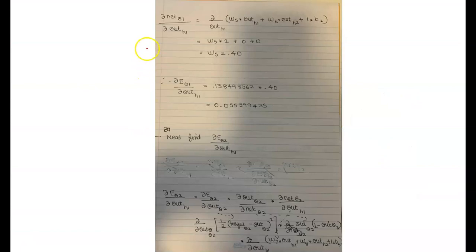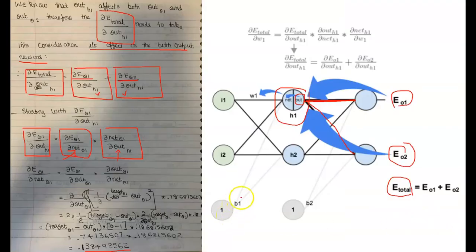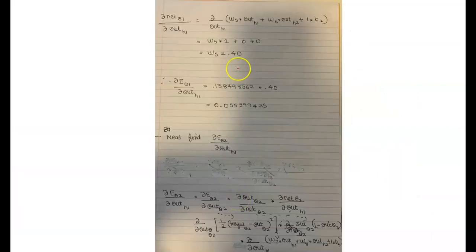So in the previous slide, in order to complete this component, I also need to find dou net O1 by dou out H1. So we will go ahead and find dou net O1 divided by dou out H1.